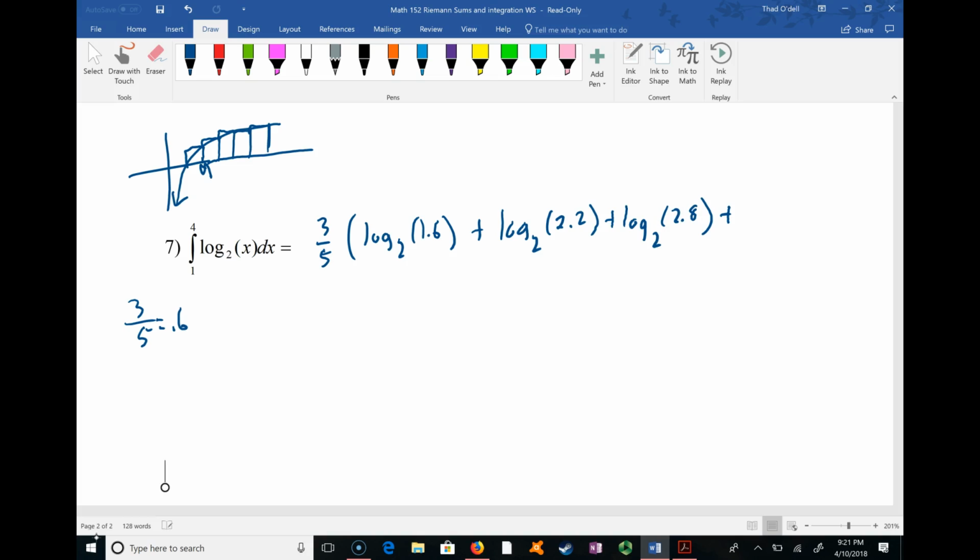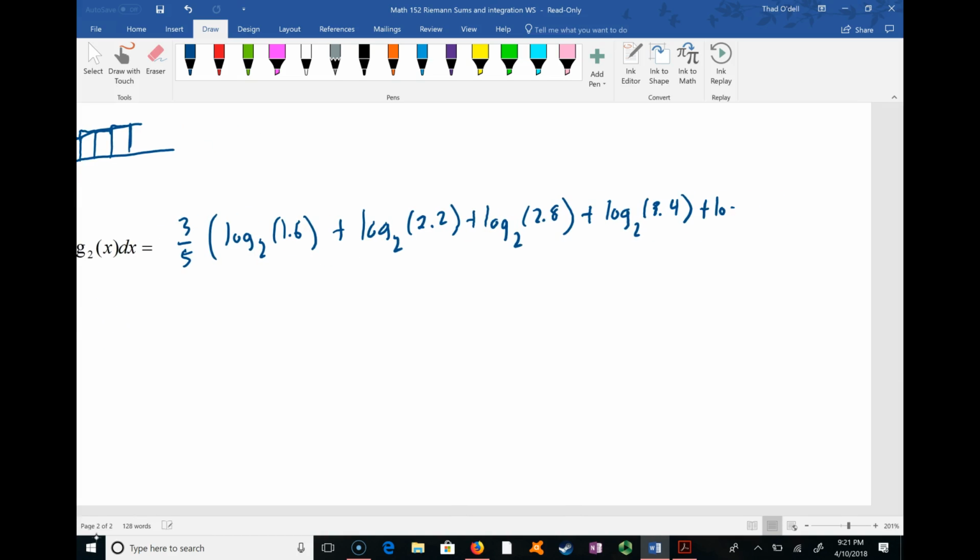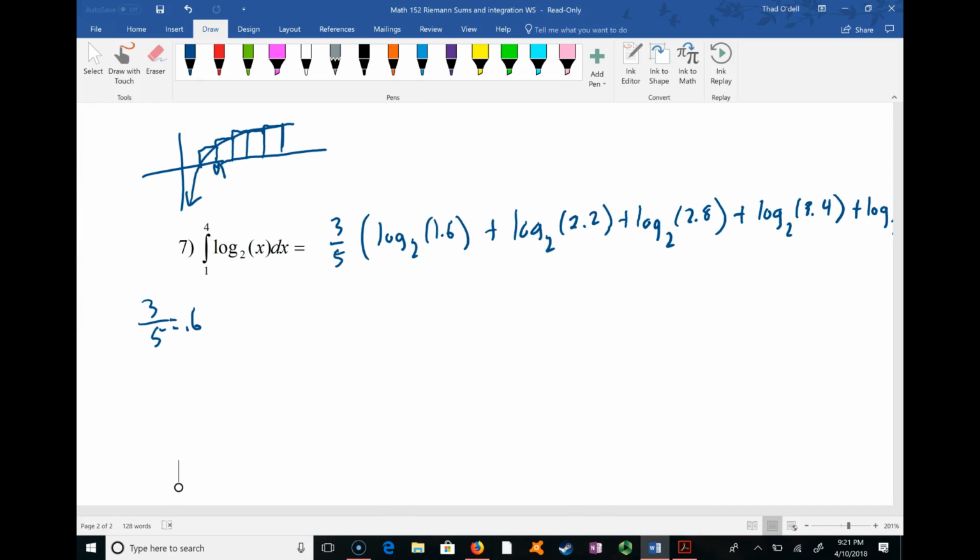Go up another 0.6, that would be log base 2 of 3.4. I mean, I got 1, 2, 3, 4, so I need one more, plus log base 2 of 4. So that would be my upper.